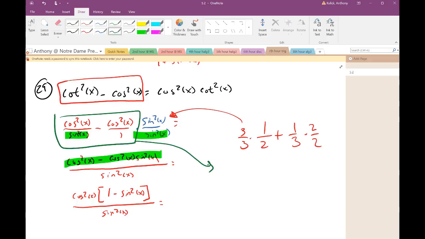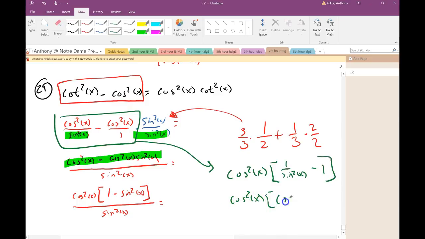So at this step, what if I factored out the cosine squared immediately? I'd have this, right? Everybody's okay there? 1 over sine squared is cosecant squared.